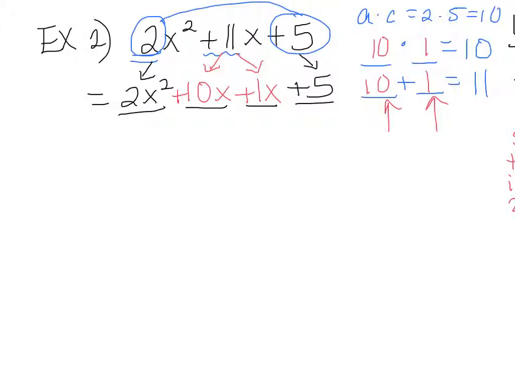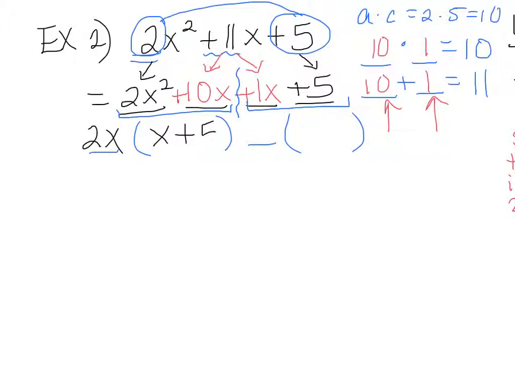The next step is splitting this in half and treating it as 2 pairs, and we take the GCF out of each pair of terms. In the first pair, I notice that there's a 2 and an x in common. What I'm left with in the parentheses is x plus 5.